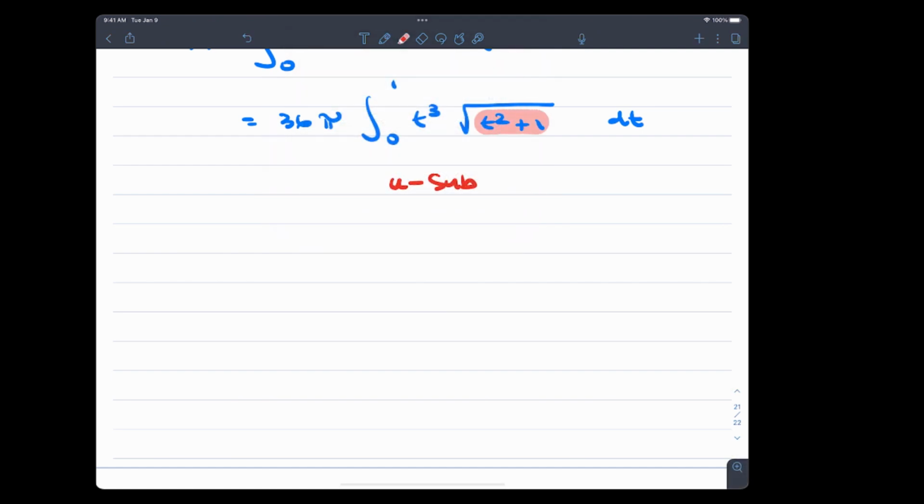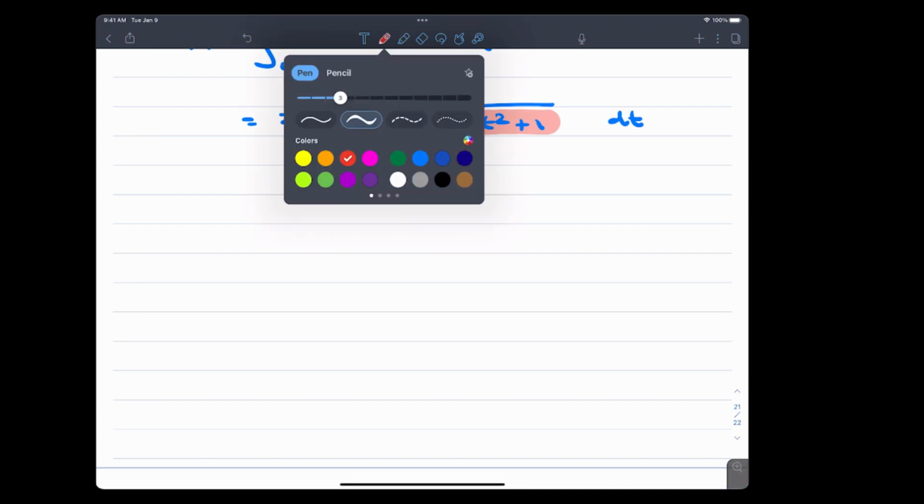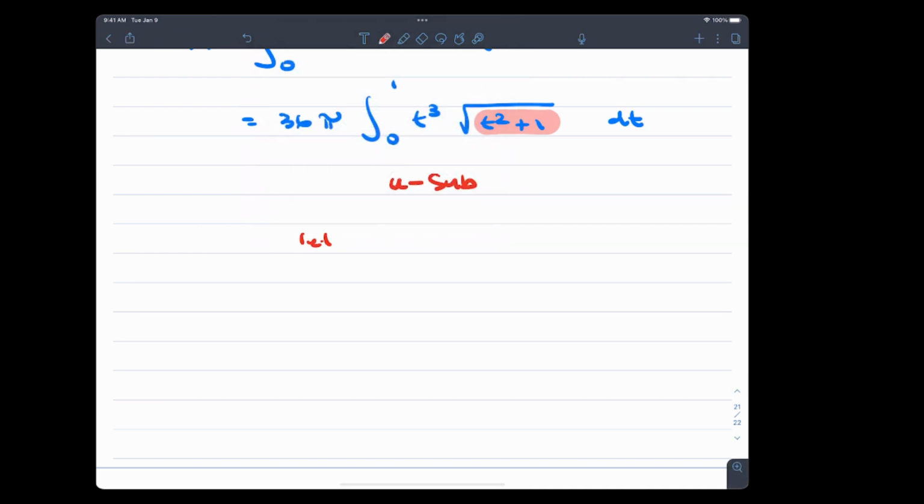And you might say, well, what is my U going to be? Well, let's try this out. We're going to let U be what's under here. And then you say, well, what does this give you?